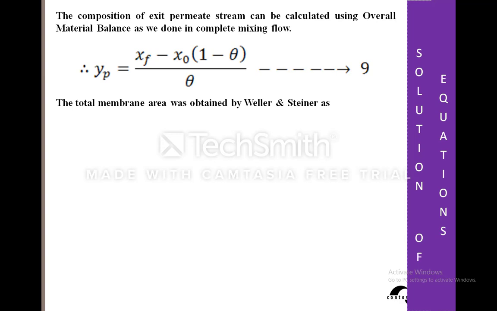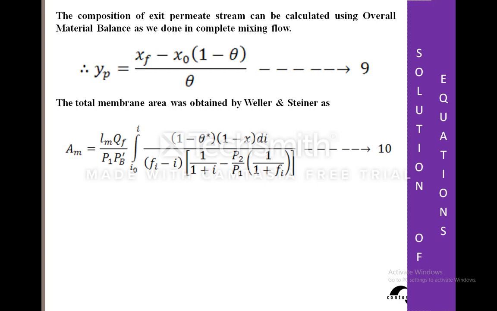Previously we have seen the flux, the local permeation rate using dAm, right? So now see what is the total membrane area that was given by the scientists Weller and Steiner. It's nothing but Am equals some integration part. So now you need to calculate your Yp and Am. And how can we integrate this Am?